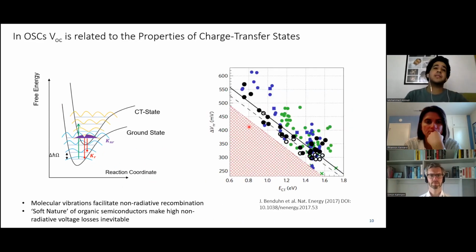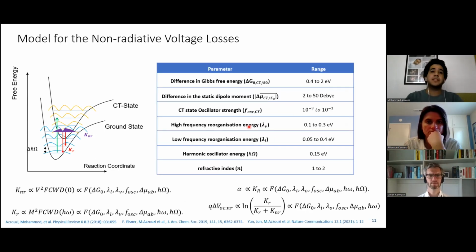We built on this initial model that Johannes Bendun presented to look at all the parameters of this CT state that can affect the rates of non-radiative and radiative recombination.